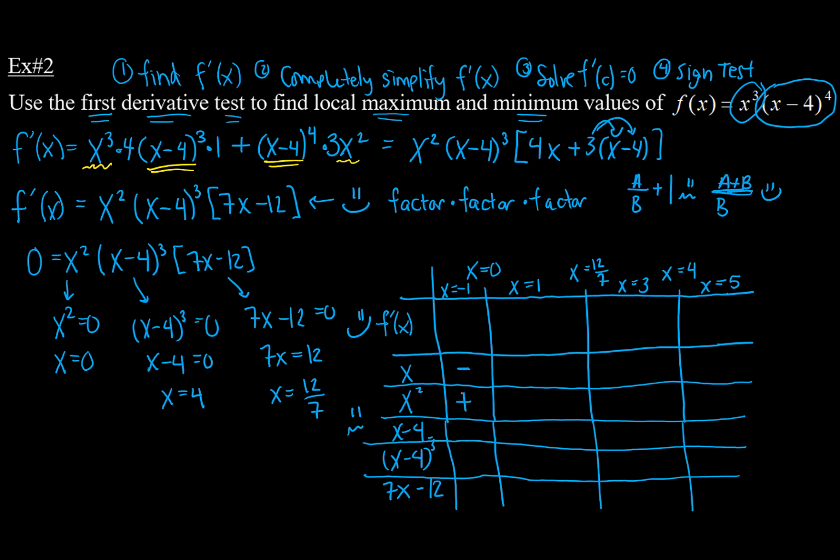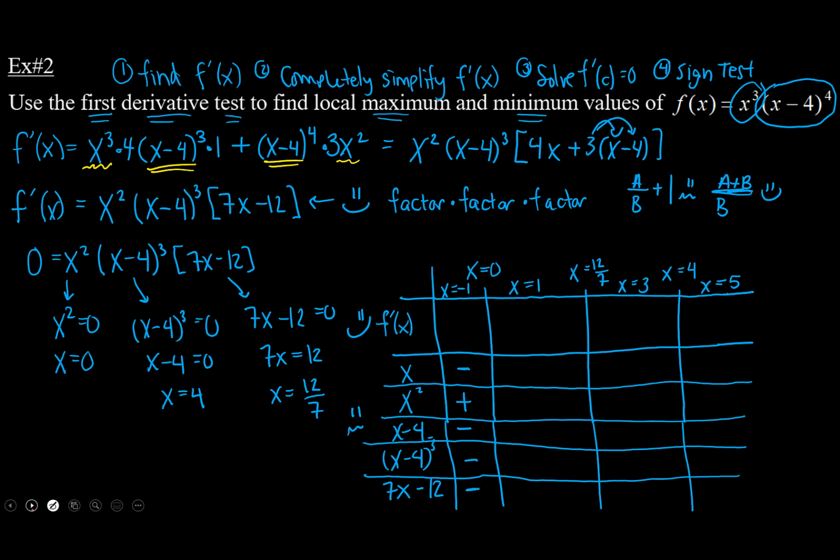Plug -1 into x minus 4, I get -1 minus 4, a negative number. Plug a negative number into x minus 4 cubed, I get a negative number. And if I plug -1 into 7x minus 12, I also get a negative number.